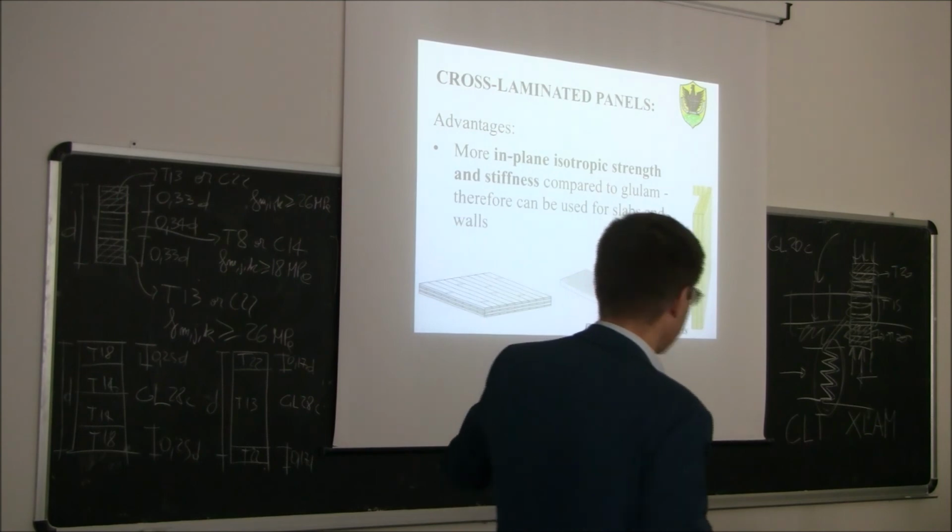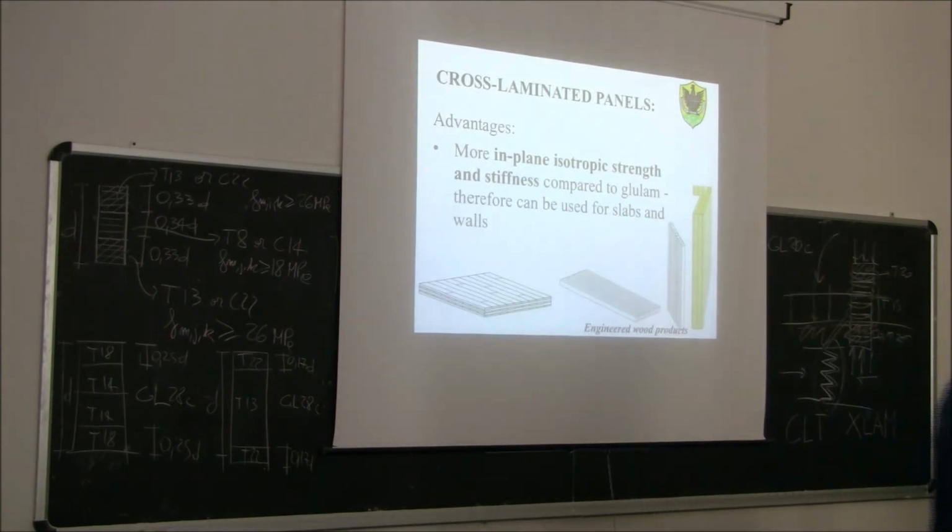Now what's happening out of plane? What's the difference between the two cases? Is there a difference? Is it the weakest direction? For cross-lam, is it the weakest direction? Yes. For this one, is it the weakest direction? Yes. So in both cases, the third direction is weak.